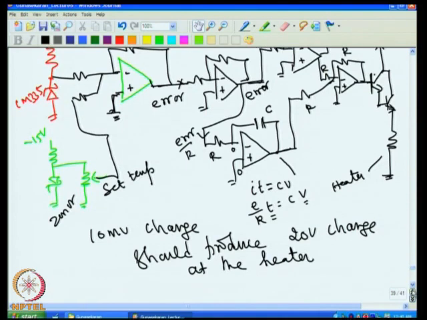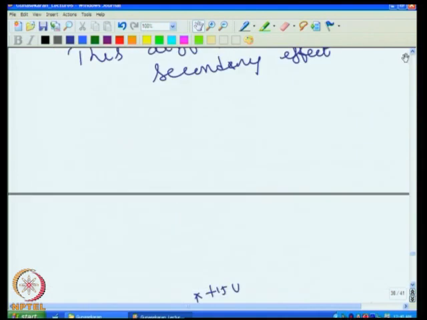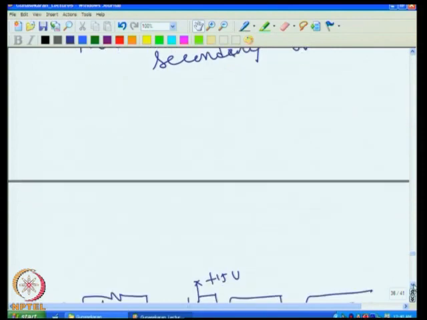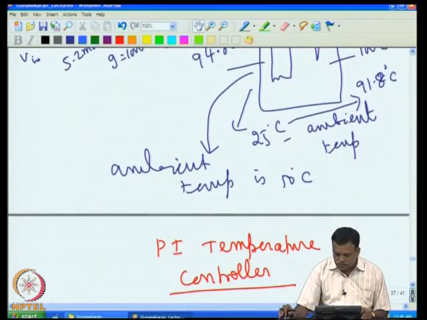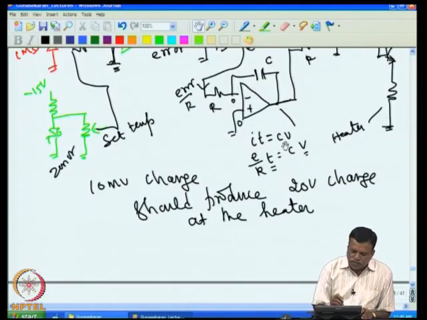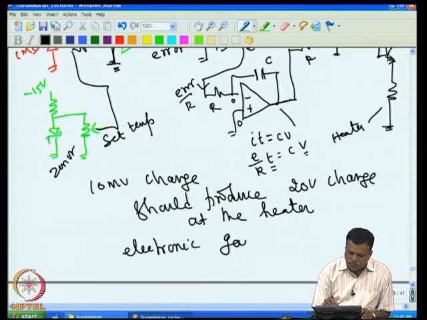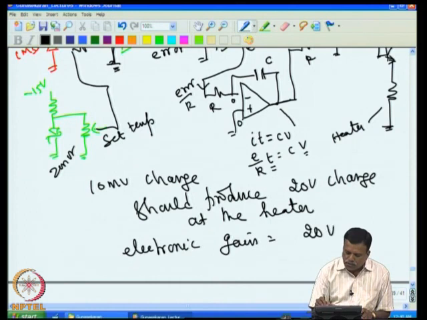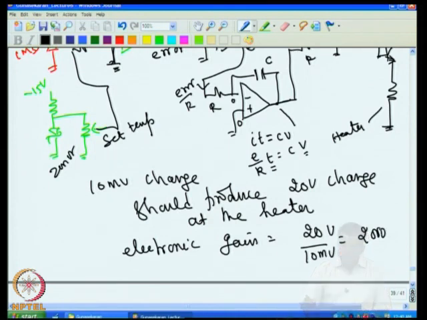So the required electronic gain is 20 volt divided by 10 millivolt, which is equal to 2000. Essentially, temperature gain of 100 is equal to electronic gain of 2000.